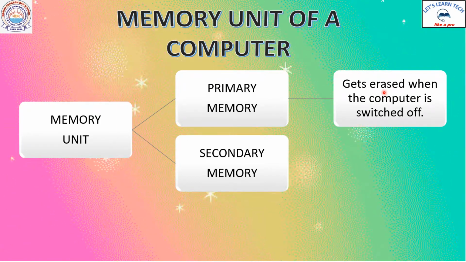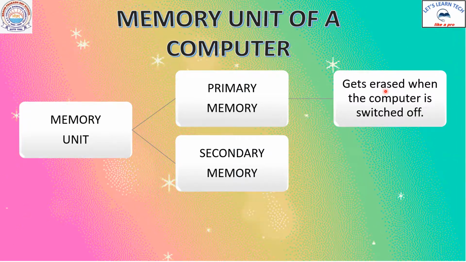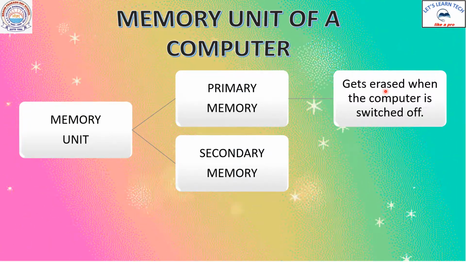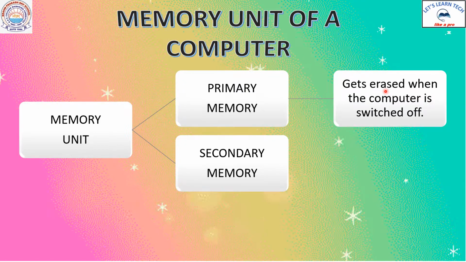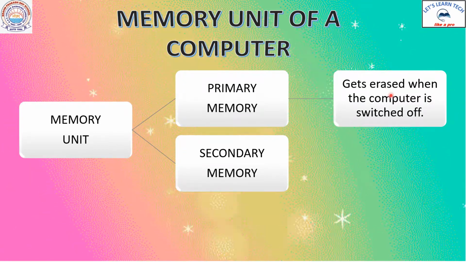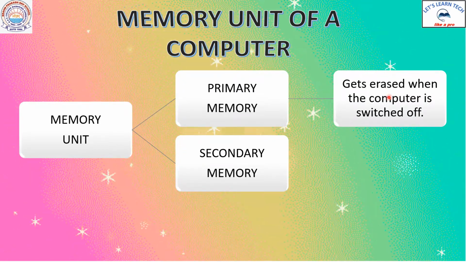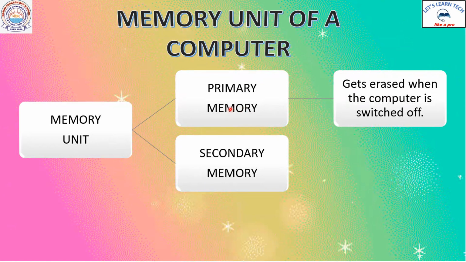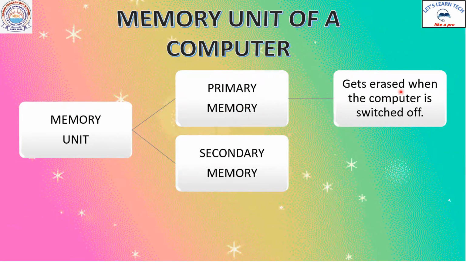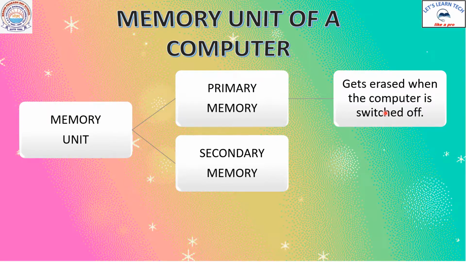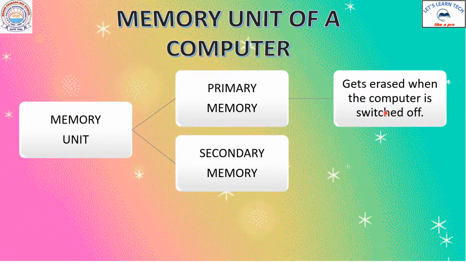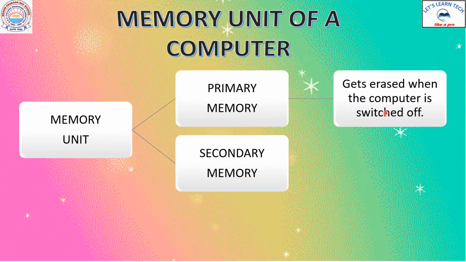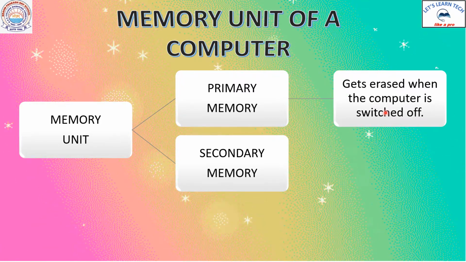Suddenly the power goes off. Then all your data will be erased if you do not save whatever you are doing. That is the disadvantage of primary memory. All this data is primarily stored in the RAM, that is random access memory. We will learn about it later.